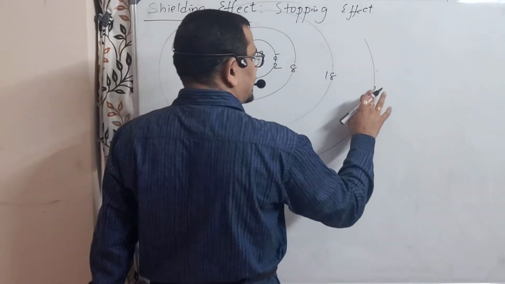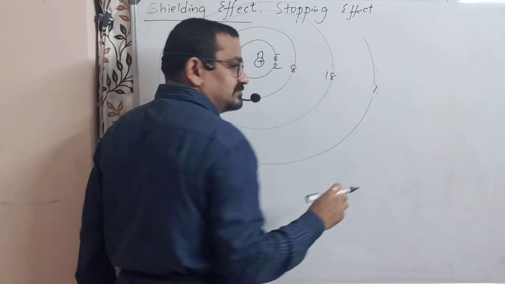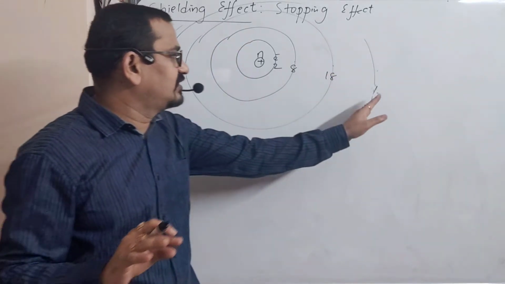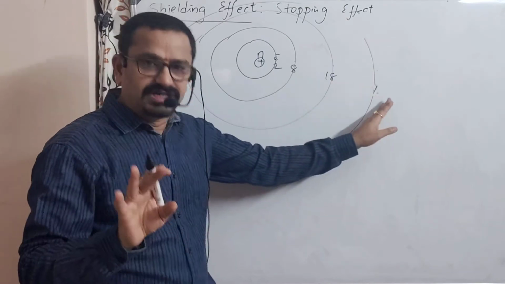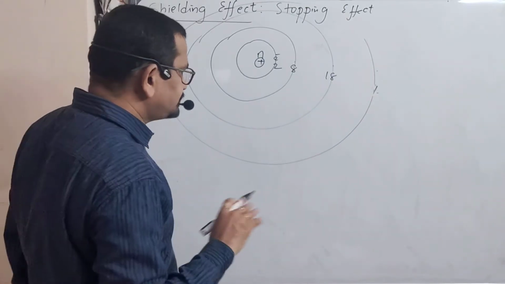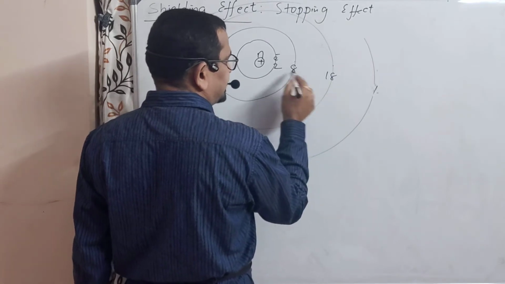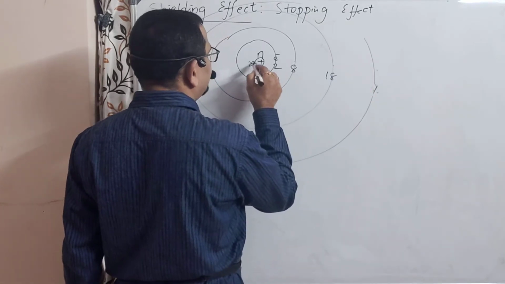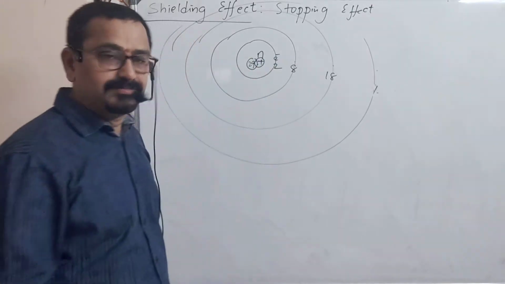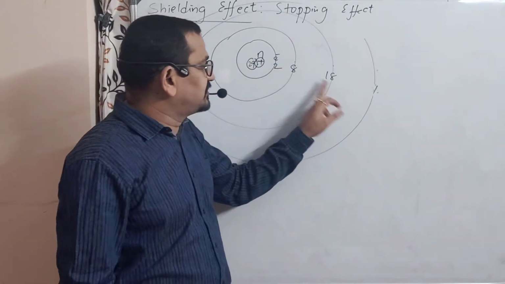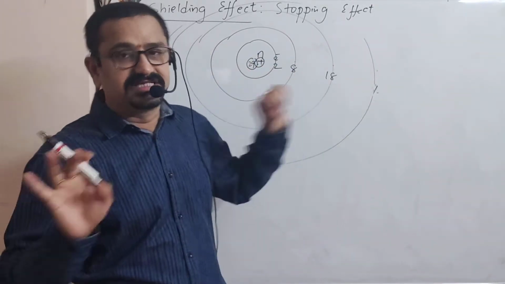Suppose an electron has entered here just now. There is only one electron in this fourth shell, for example. Now the question is, 18 plus 10, 28 plus 1, 29 positive charges were there in the nucleus. Outside, 10 plus 18, 28 plus 1, 29 electronic charges were there.